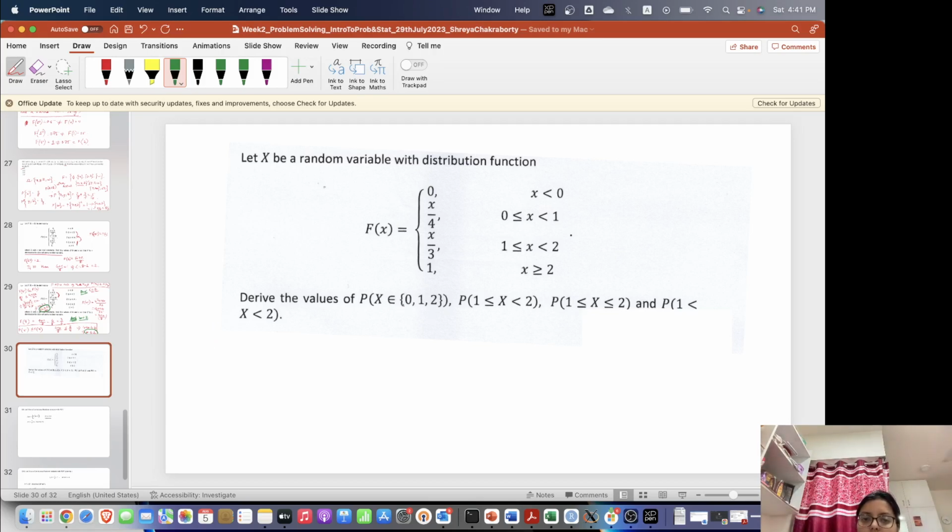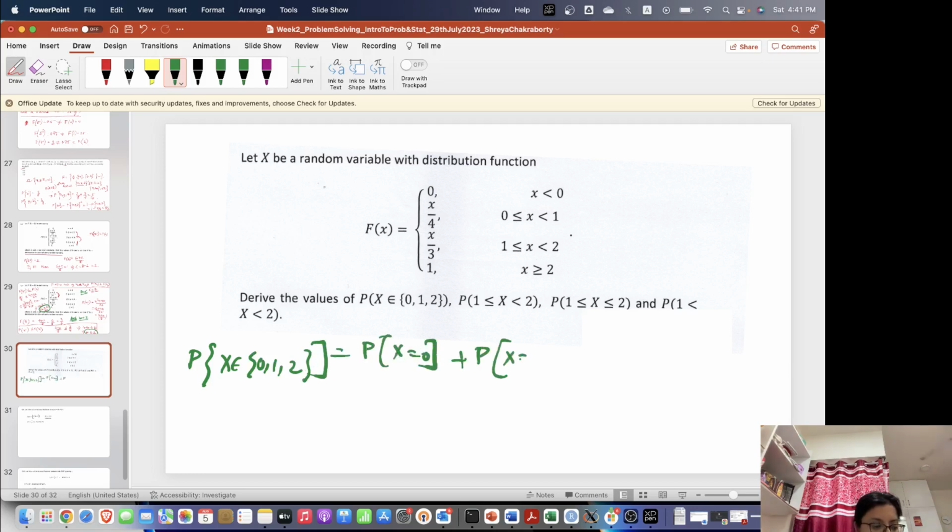So 0, 1 or 2, these are all disjoint things. So probability that x belongs to {0, 1, 2} means probability x equal to 0 plus probability x equal to 1 plus probability x equal to 2. What is the probability x equal to 0?